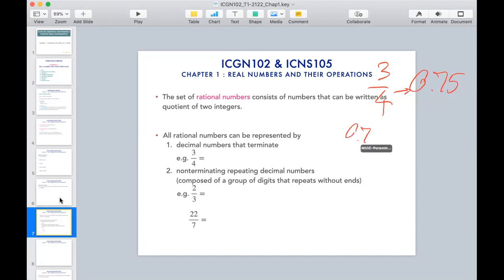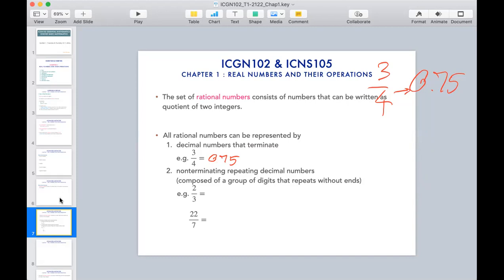No. You may say it is 0.75000, but zeros behind the decimal numbers like this we exclude, so this one is just 0.75 only. This is a decimal number that terminates.